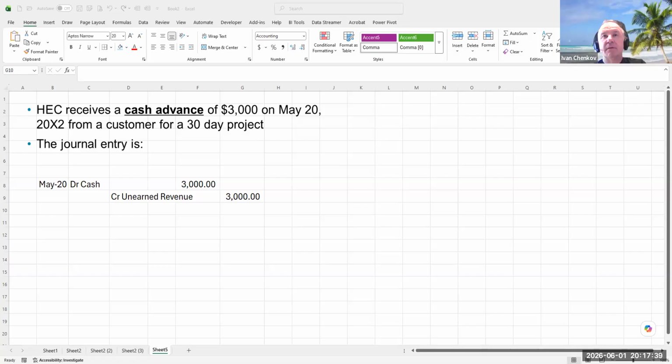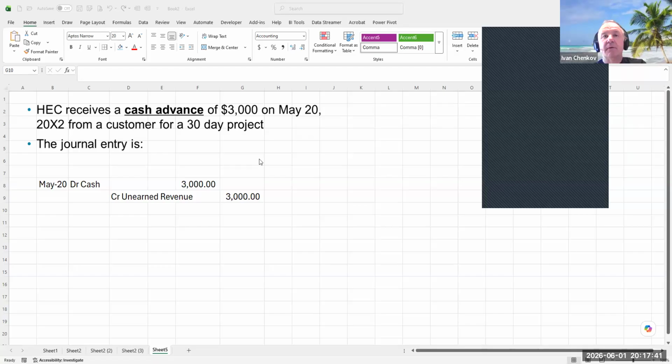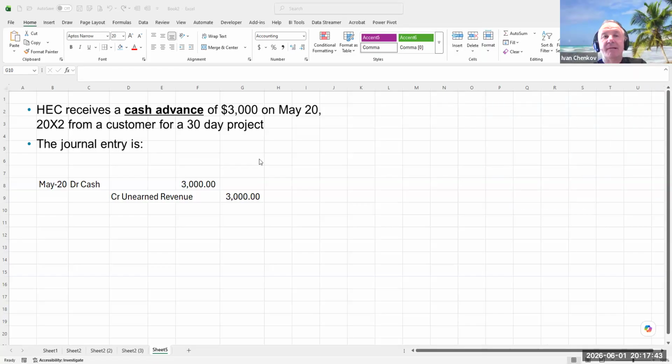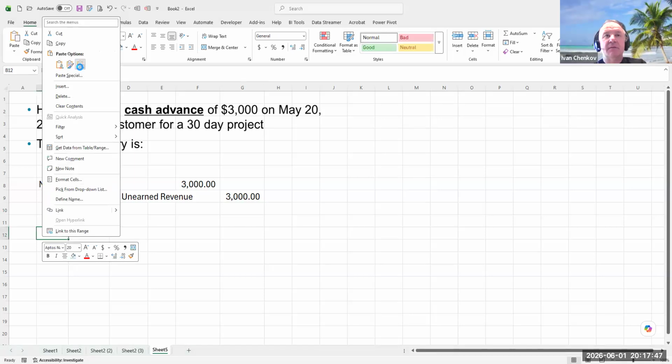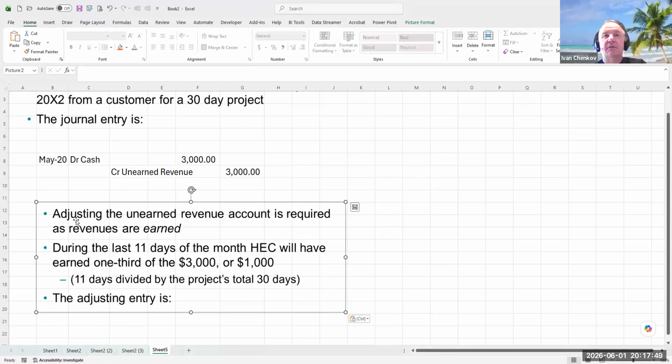Now the next thing the slide is going to tell us is this. Adjusting the unearned revenue is required as the revenue is earned. We already know that. The question is, when do we earn it and how much do we earn. During the last 11 days, this company will have earned 1/3 of the 3,000, or 1,000.